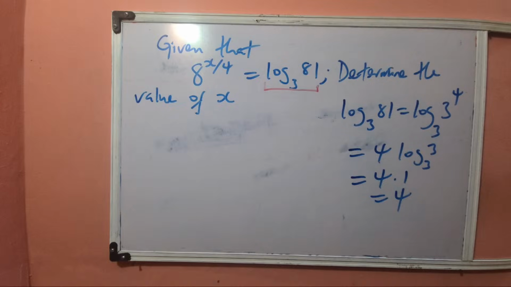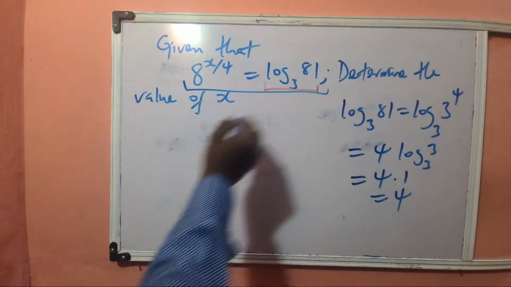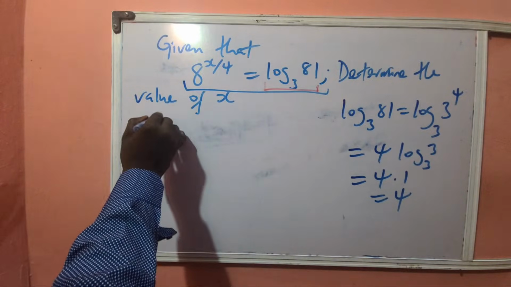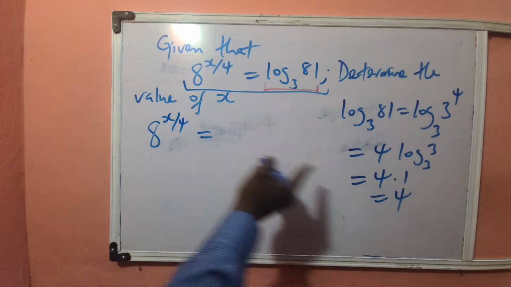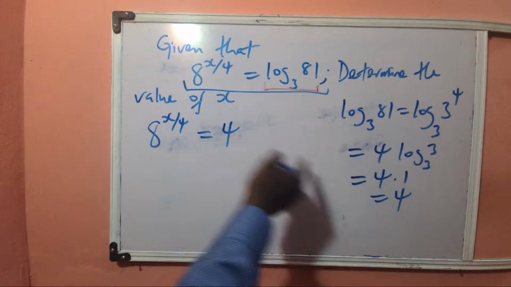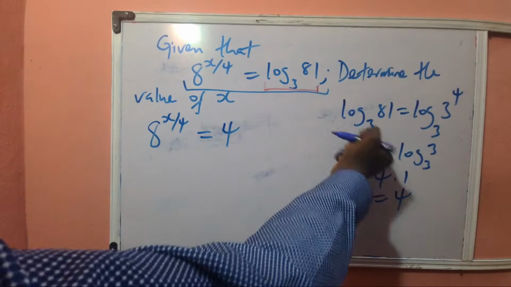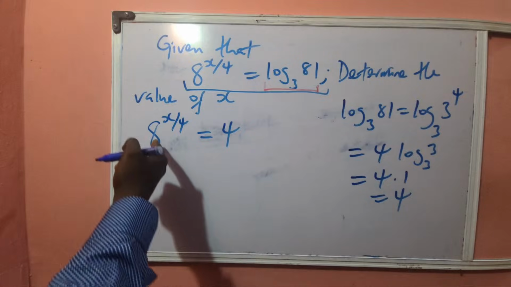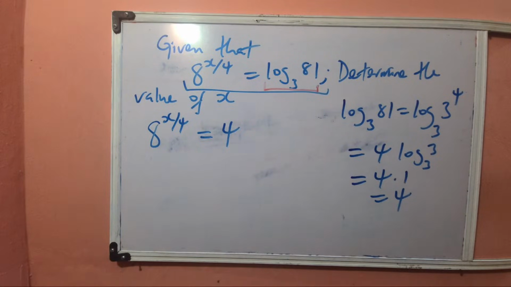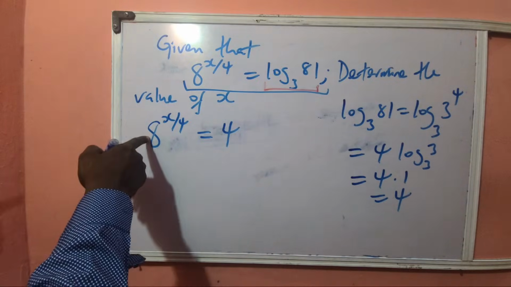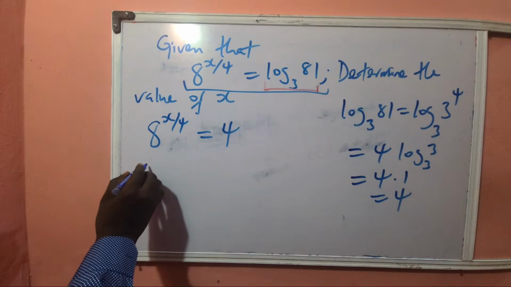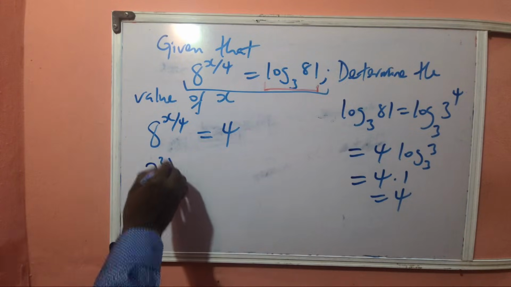So I can re-express my equation: 8 raised to power x over 4 is equal to 4, because I have turned the whole log 81 base 3 to the value of 4. I'm sure you can go on to apply indices at this place. Using the law of indices, 8 is the same thing as 2 raised to power 3.